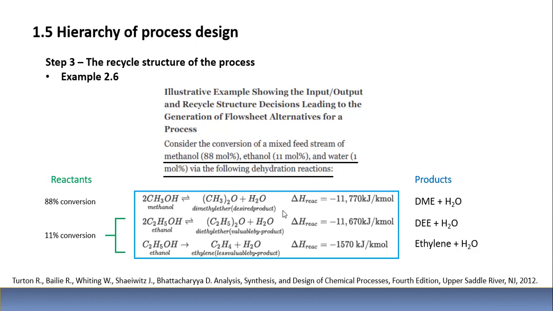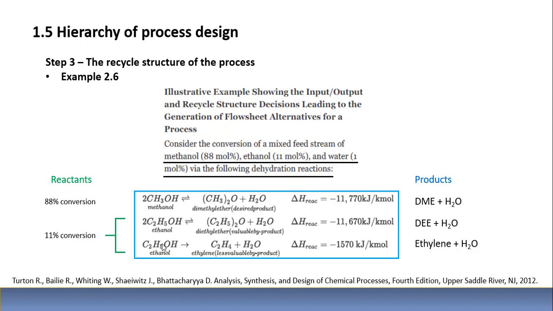This is a desired product, and this is the change in enthalpy of reaction. The ethanol reaction produces diethyl ether, which is a valuable byproduct, and the change in enthalpy of reaction is this amount.